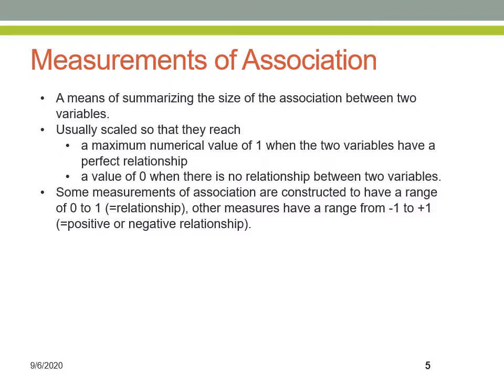Some of these measurements don't just go from 0 to 1, but they have a range from -1 to +1, indicating either a positive relationship going towards +1 or an inverse, that is a negative relationship, if the measurement goes towards -1.